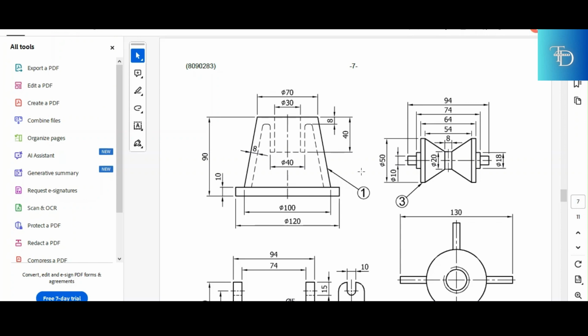Usually most of the time part number 1 is always the base part, the main part of that component, the main part of that machine or whatever that you are required to assemble. So part 1 is the main part, the primary part, whereby all the other parts come together and get connected to what? To the main part.